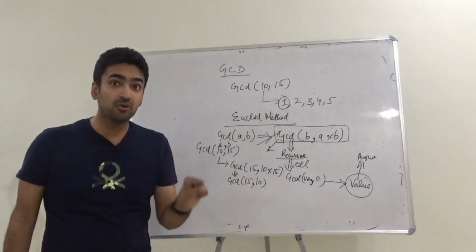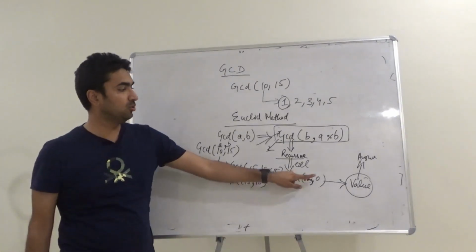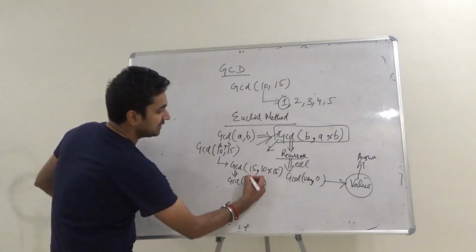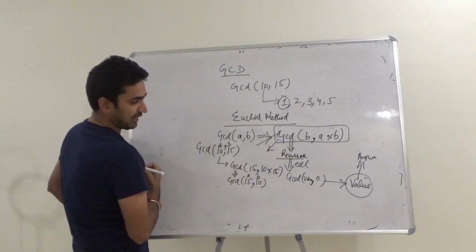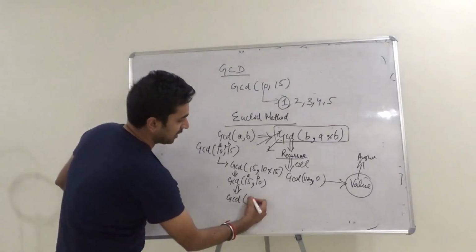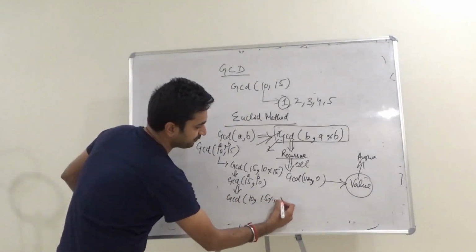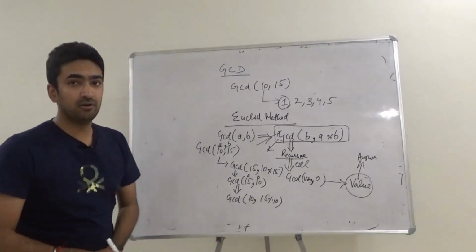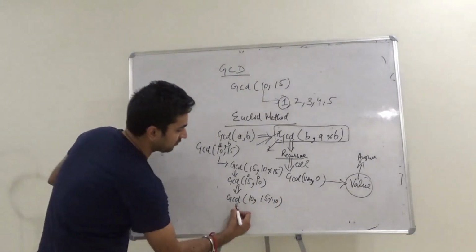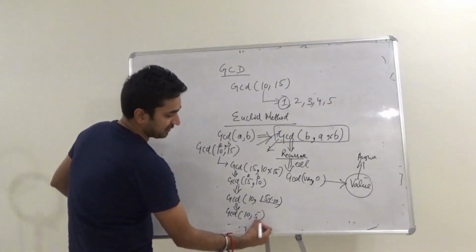I have to calculate this process again and again till I get GCD of any value comma 0. So again this is treated as a and this as b, and I calculate GCD of 10 comma a modulus b. 15 modulus 10 is 5.